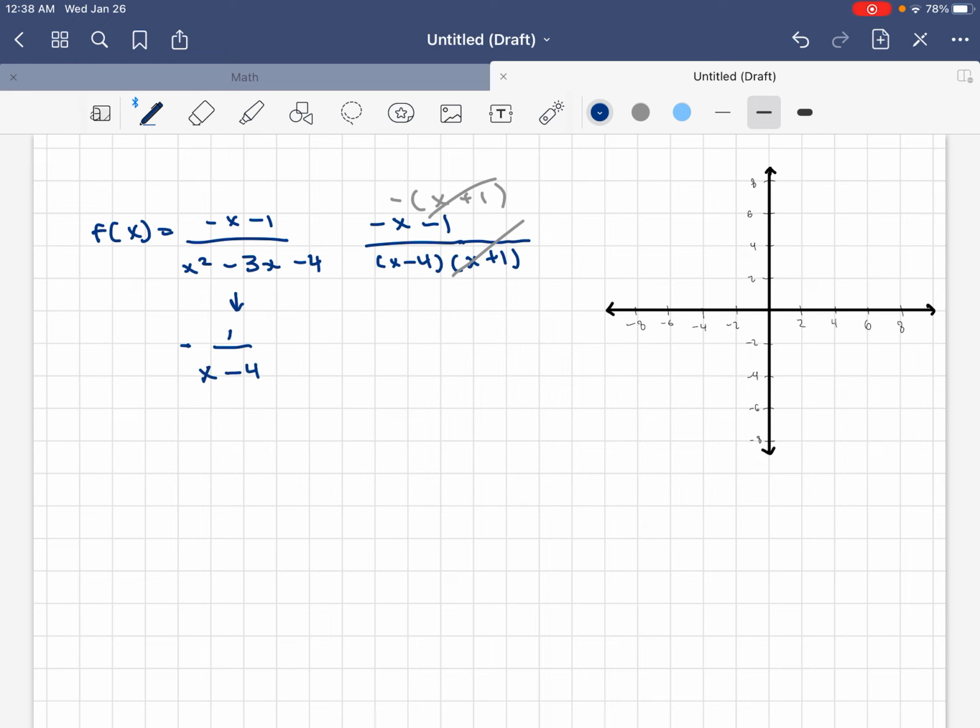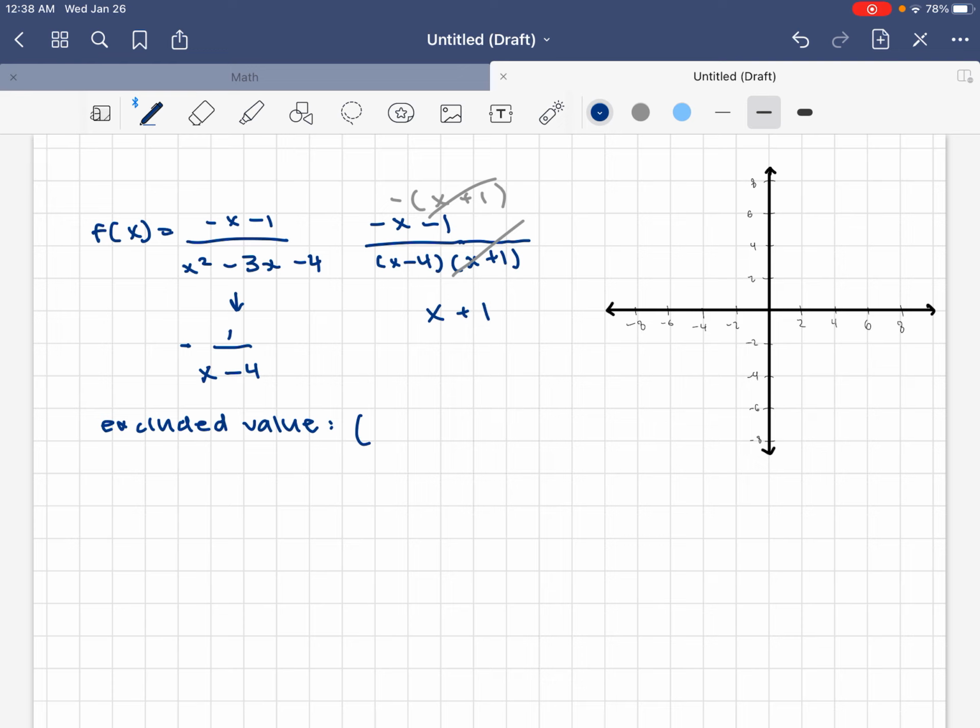Okay, so starting with excluded values, if there's nothing in common between the numerator and denominator, and there's nothing you cancel out, there is no excluded value. But in this case, there is an excluded value, and we know we canceled out x plus 1.